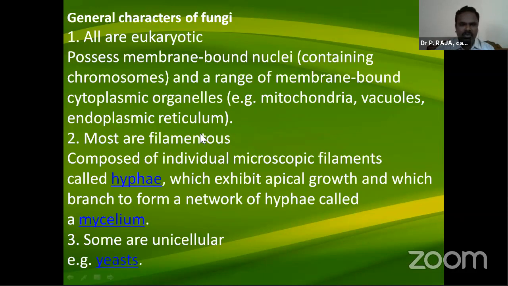And most of them are filamentous, branched, microscopic filaments, and we call them hyphae, which exhibit apical growth and branch to form a network of hyphae called the mycelium. Earlier, I have shown the pictures of mycelium. And some of them are unicellular yeasts.